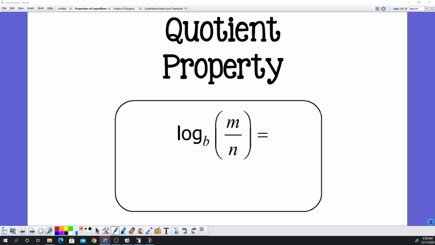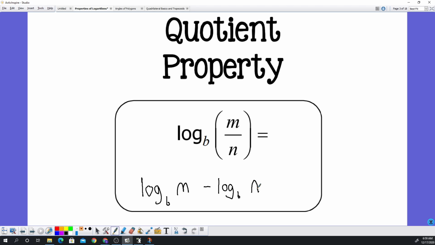Well, if m times n, we would get the product property, where we added the two logs together. Now that we're dividing, this means we can subtract two logarithms. So assuming we're working with base b, we have log base b of m minus log base b of n.